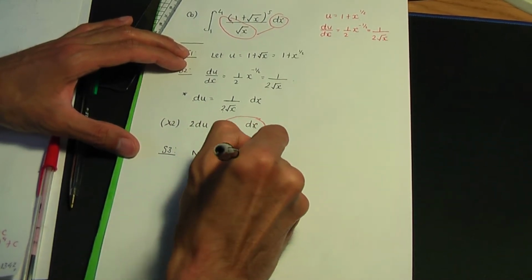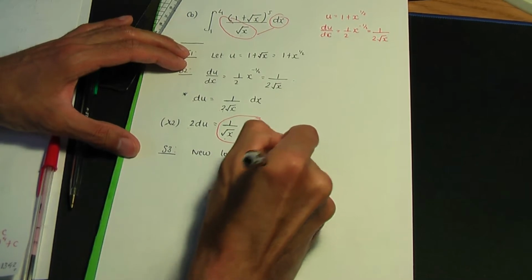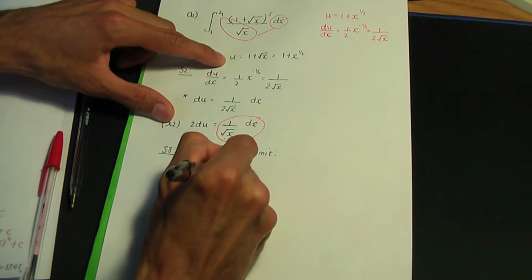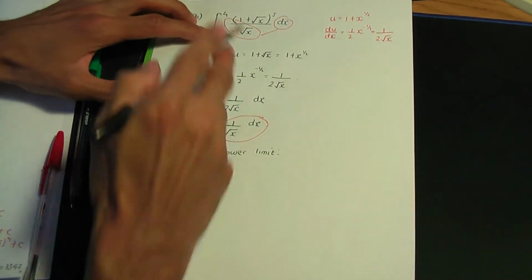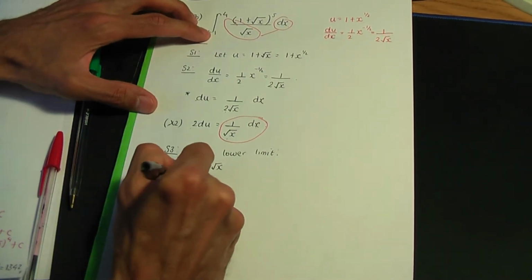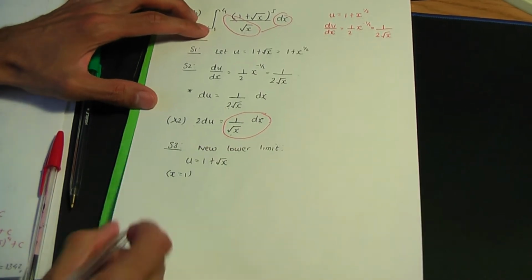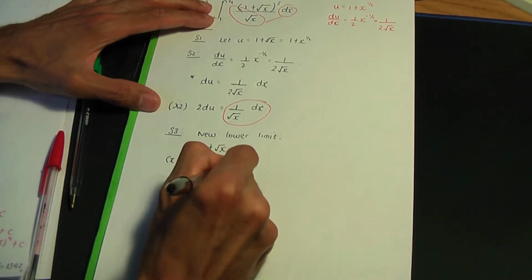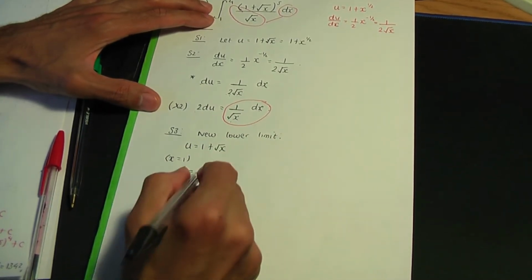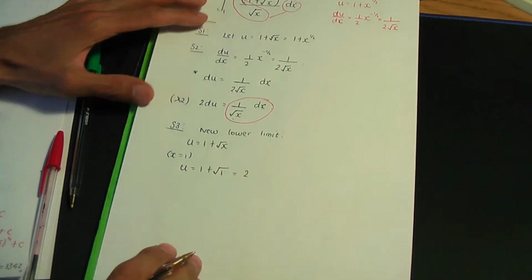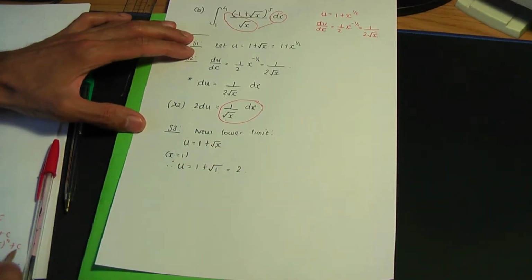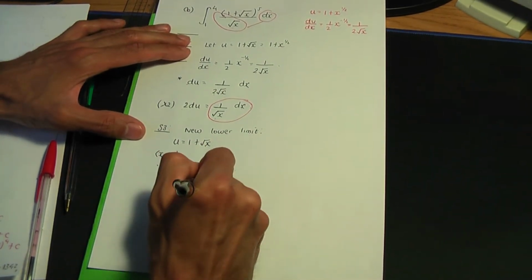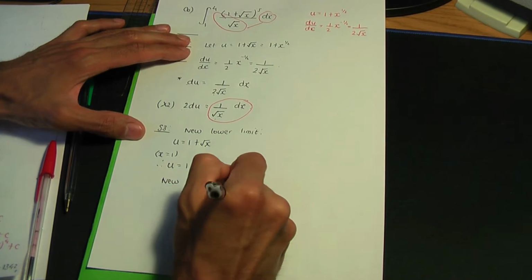So firstly, the new lower limit. Remember the idea: take your substitution, u equals 1 plus root x, and your old lower limit is x equals 1, and put that in your substitution. So u will be 1 plus root 1, which is 2. So 2 is your new lower limit. Let's do the same to calculate the new upper limit.